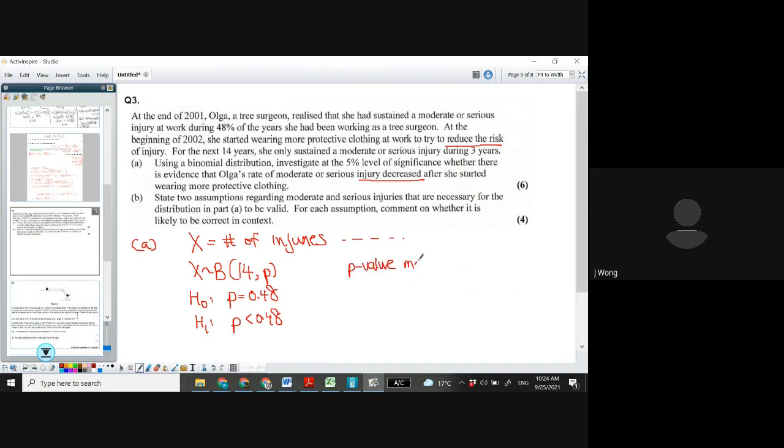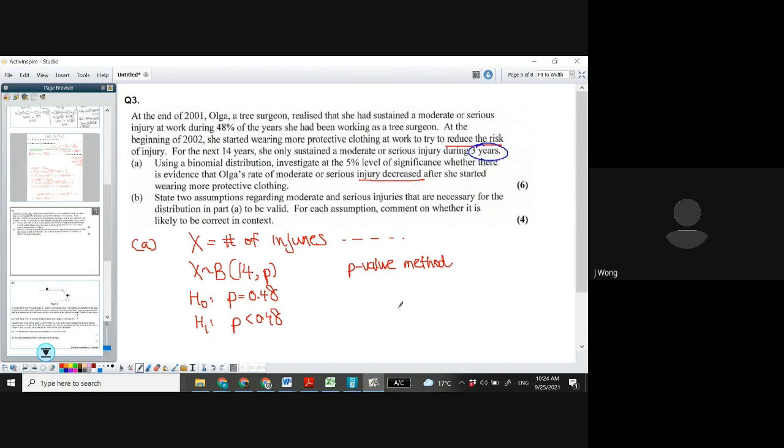So for the p-value method, I want to just test my test statistic, which is in 14 years, we have just 3 years of injury. So as a p-value, I want to test this evidence. So I'm going to see, based on this model, what sort of probability there is for this to actually happen.